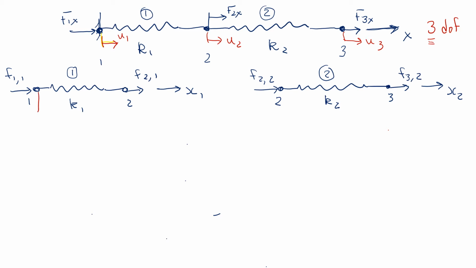We can also identify the element degrees of freedom. So I have here U1 for element 1, and I have here U2 for element 1. For element 2, I have a U2 element 2 and a U3 element 2.